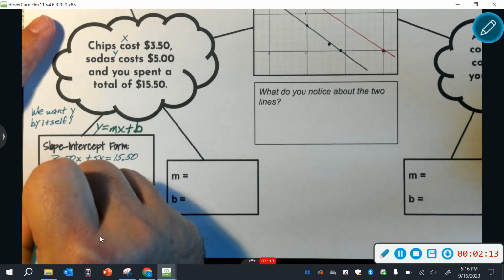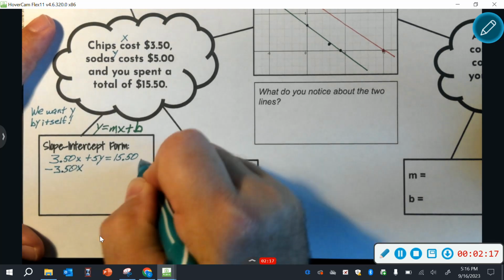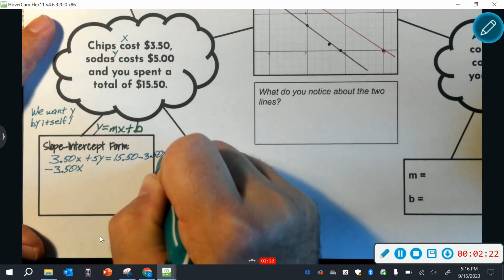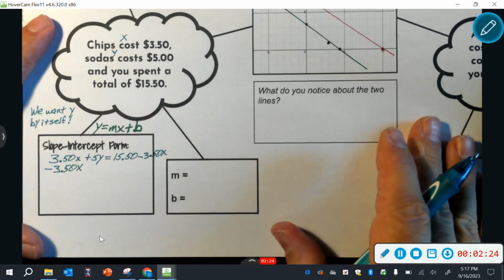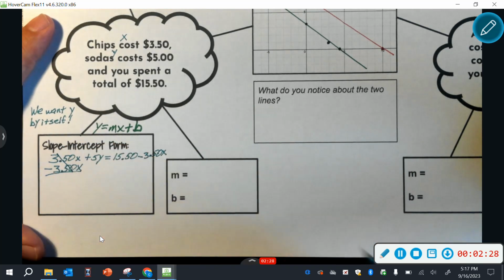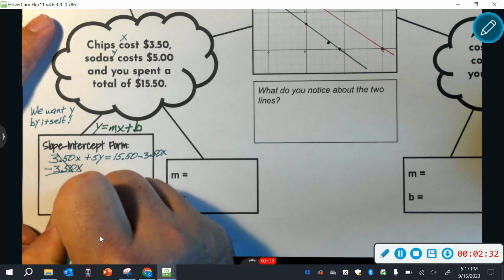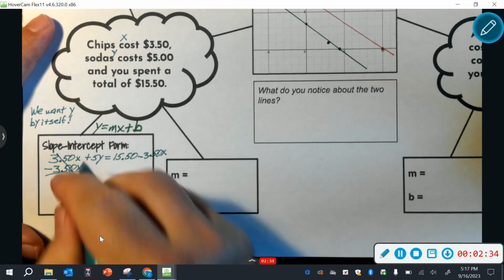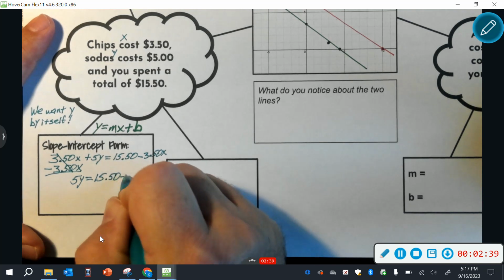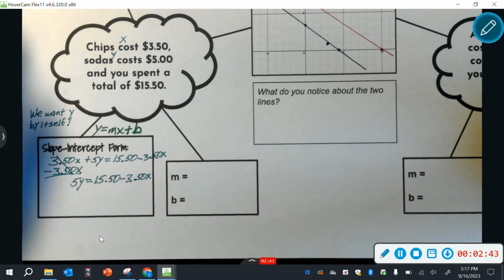So we're going to go minus 3.50x, and then over here, we're going to go minus 3.50x, just like that. And so 3.50x minus 3.50x cancels, and so that's going to give us 5y is equal to 15.50 minus 3.50x.